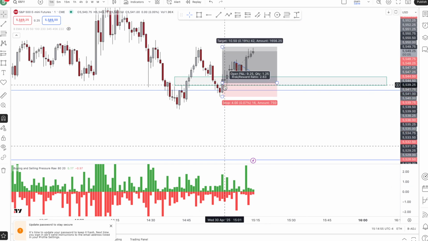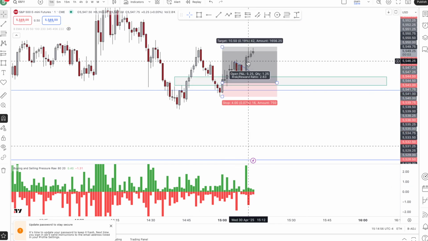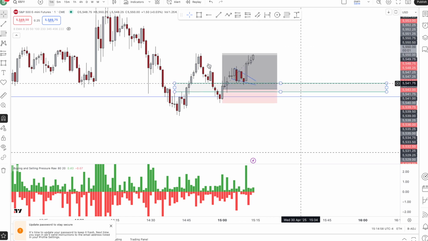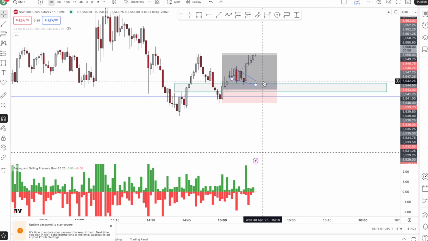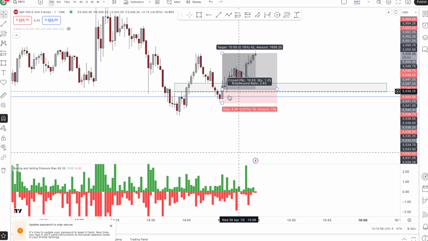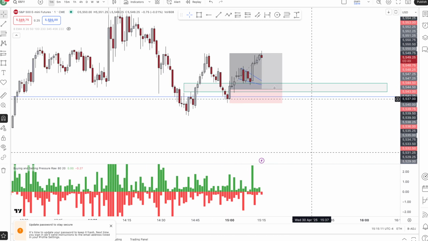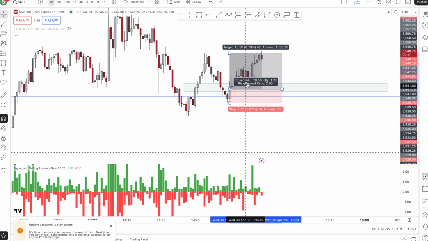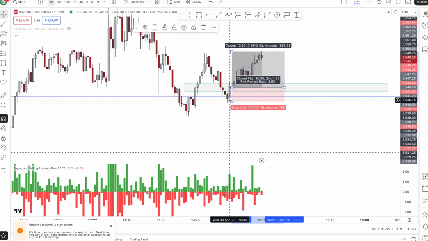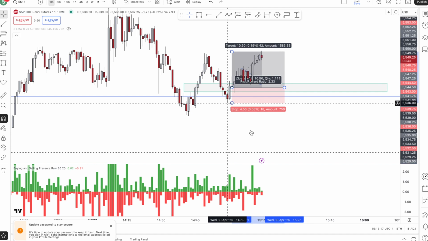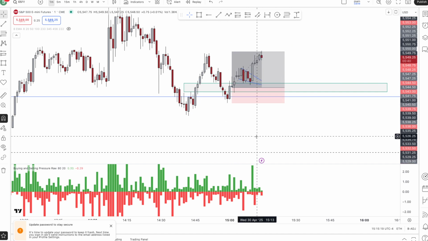If I missed this entry, then I could have taken this entry right here on the bull flag. That's one of my big plays, taking bull flags or bear flags coming off of a key level that I might not want to market order in on straight up off a rejection. But yeah, as you can see, a greater than 2 to 1 risk to reward, which is always going to be good enough for me.